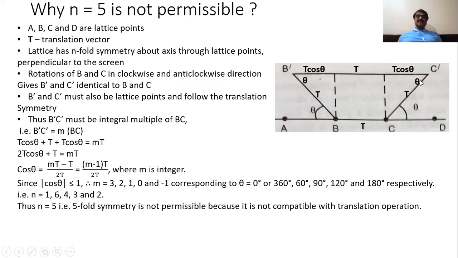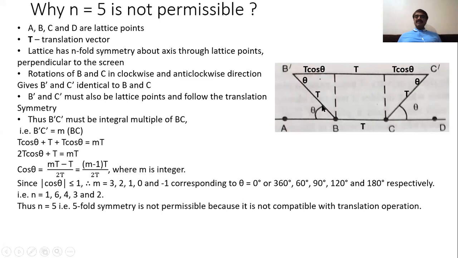Since there is a translation symmetry, the distance B prime C prime must be an integral multiple of the distance BC. So B prime C prime equals m into BC, where m is an integer.